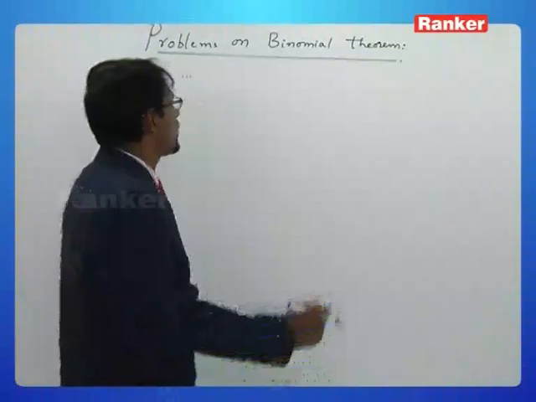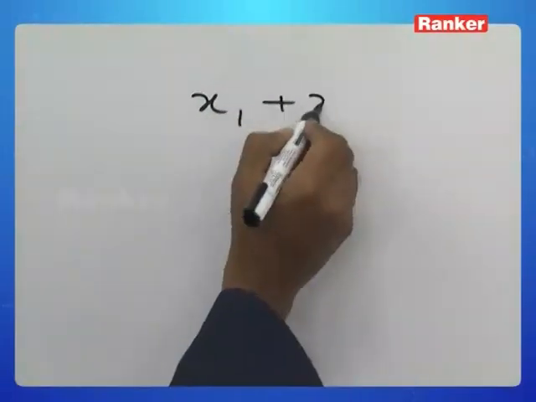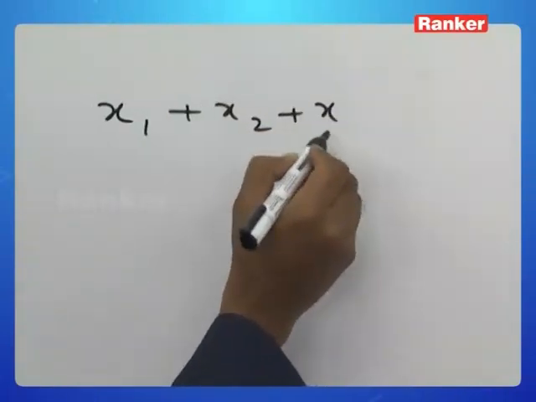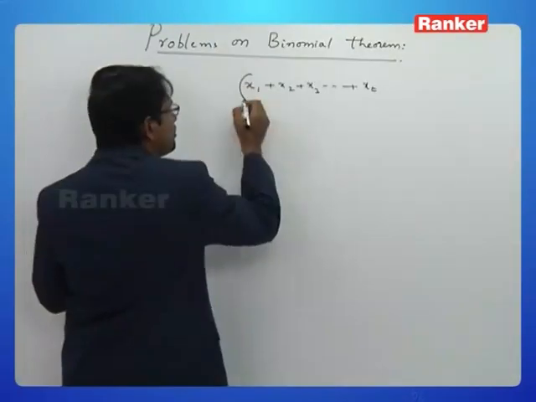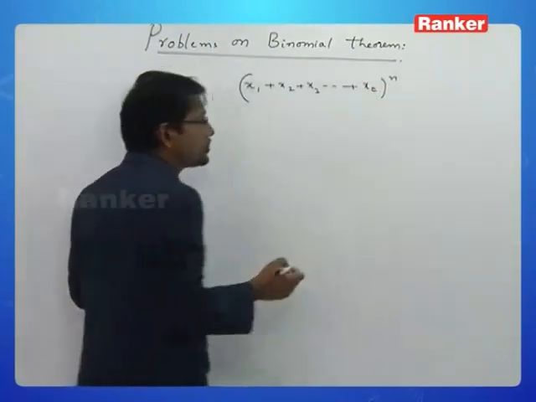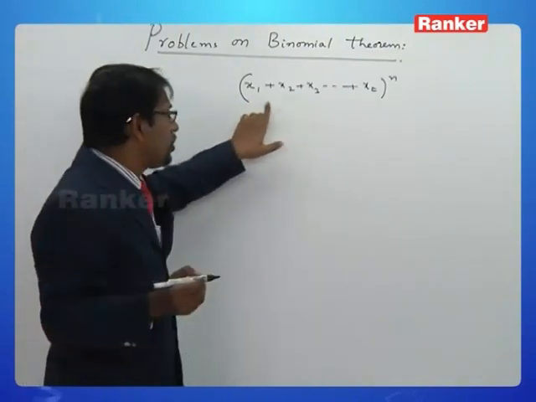Now here let us look at a result like this: x1 plus x2 plus so on xt, power n. Now this is called a multinomial expansion.